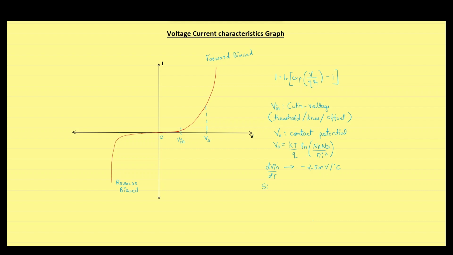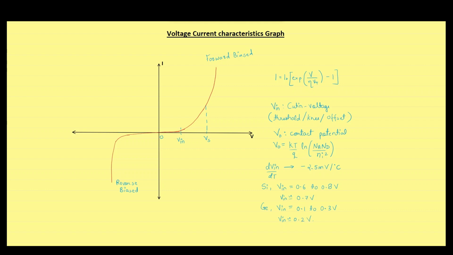For silicon, cut-in voltage varies from 0.6 to 0.8 volt, and the general value is taken to be approximately equal to 0.7 volt. Similarly, for germanium, cut-in voltage varies from 0.1 to 0.3 volt, and the general value is taken to be equal to 0.2 volt.